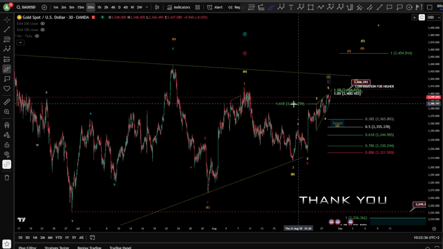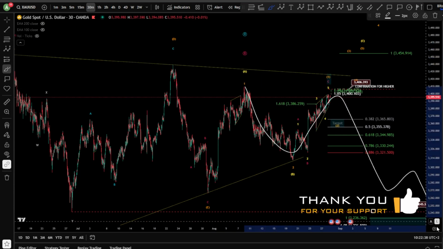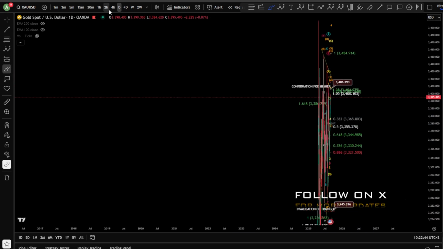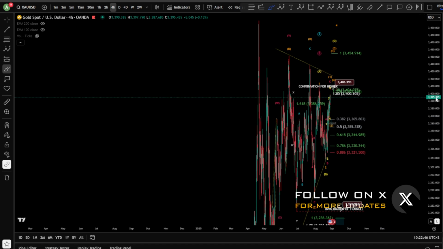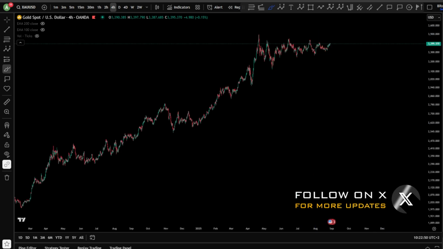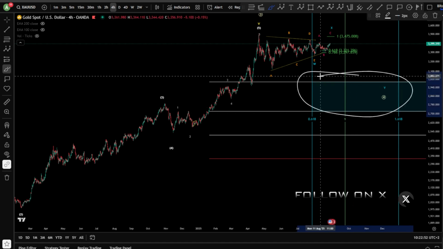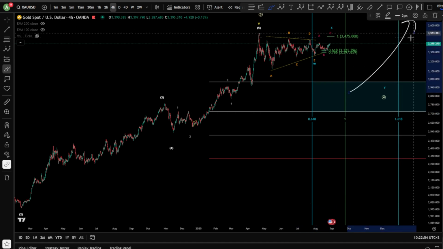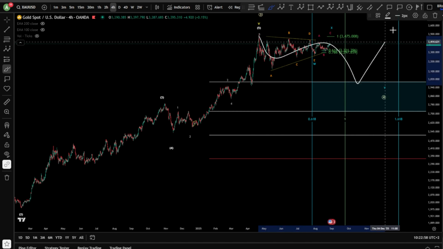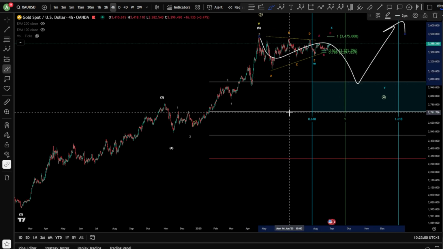You can be in a wave B here and you're looking for 1, 2, 3, 4, 5 for a wave C toward the 3K, yeah, because this 3K has to be taken sooner or later, honestly, yeah, sooner or later it has to be taken, and we still need this region to be touched before we move for the 4K for the gold. So you need this and then moving for higher.